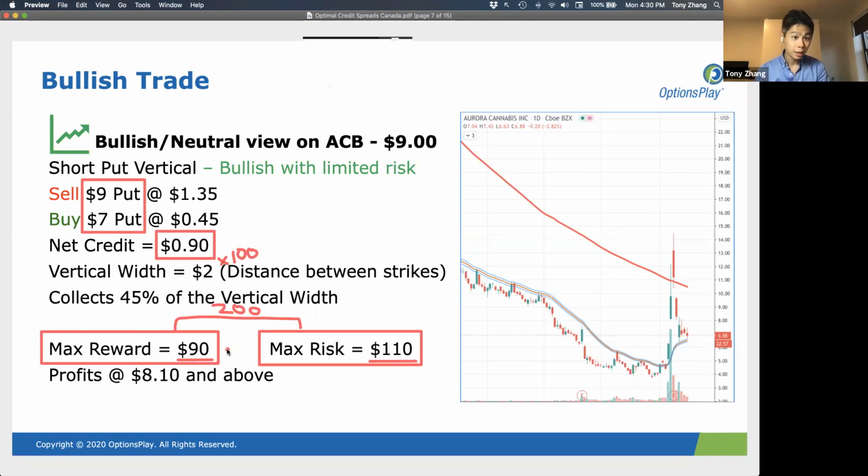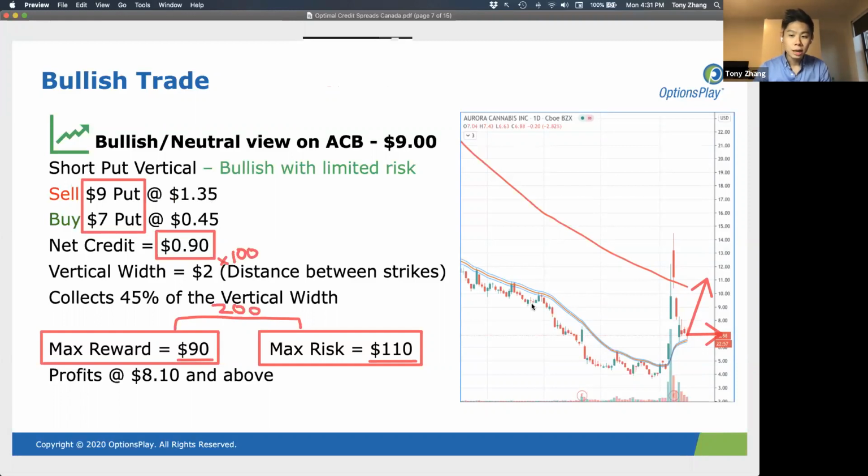The reason that many investors like this type of strategy is because it will profit if the stock significantly moves higher. It will also profit if the stock just moves sideways. If the stock stays above $9, you keep the $90 that you sold the credit spread for.